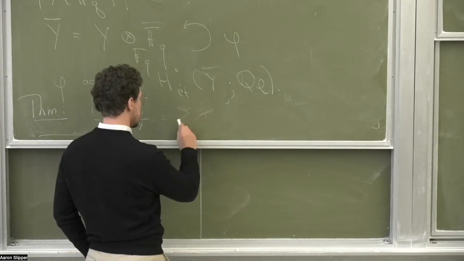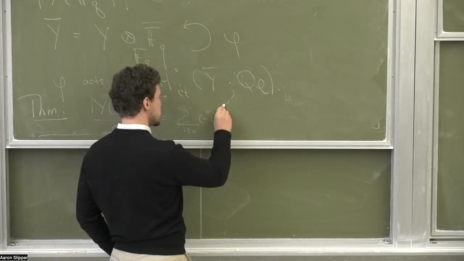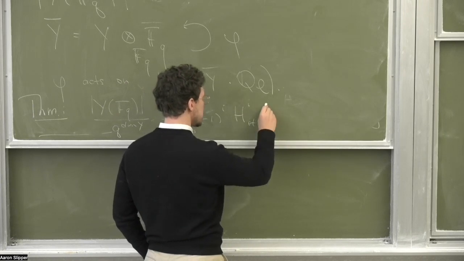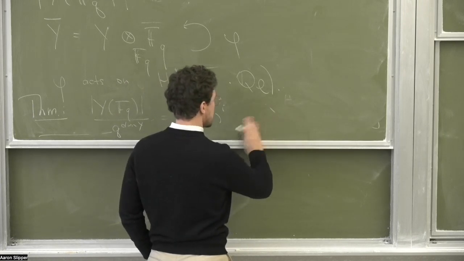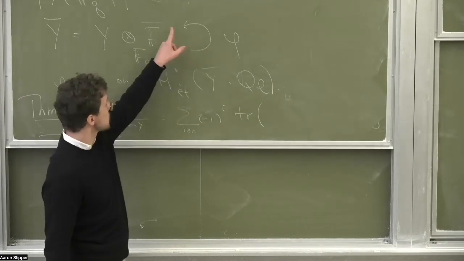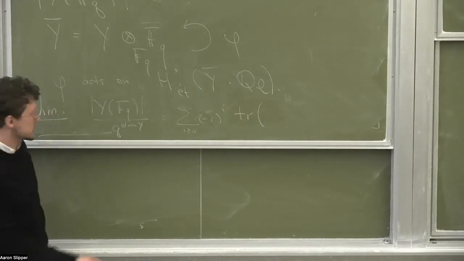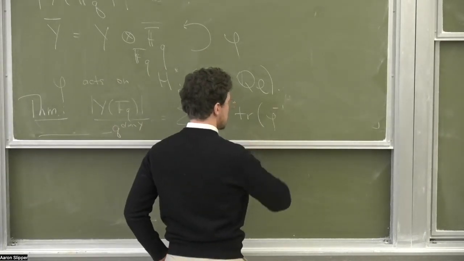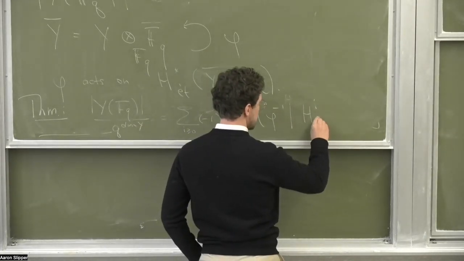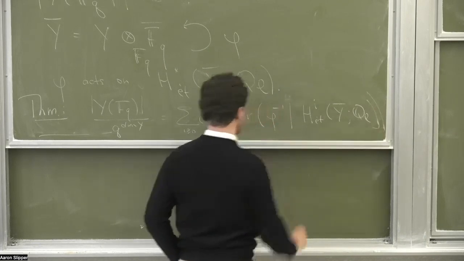I take the signed sum over i of (-1)^i times the trace of the Frobenius on H_i of Y bar with Q_l coefficients. The Frobenius isomorphism is usually called arithmetic Frobenius, and the inverse of it is usually called geometric Frobenius, so here I have to take the inverse.